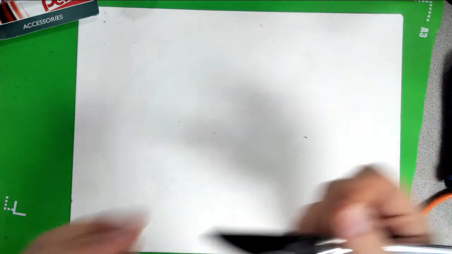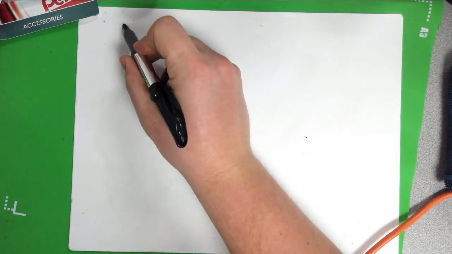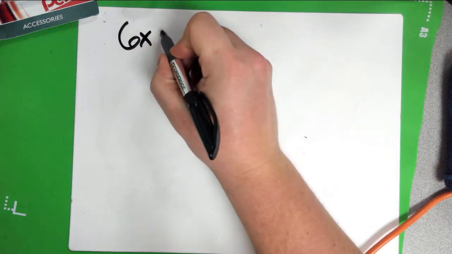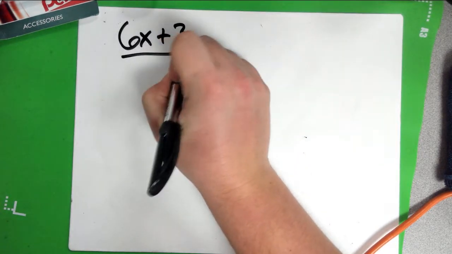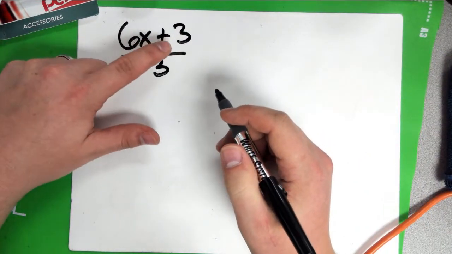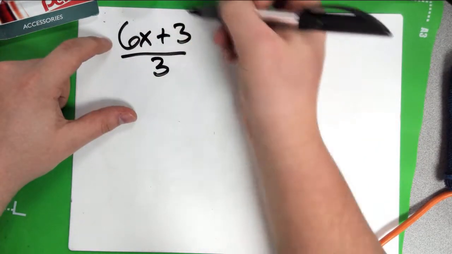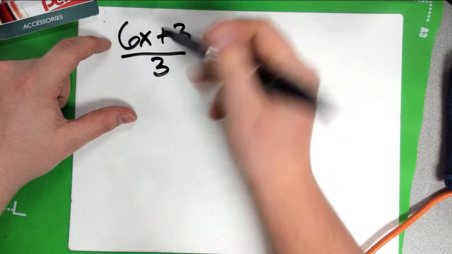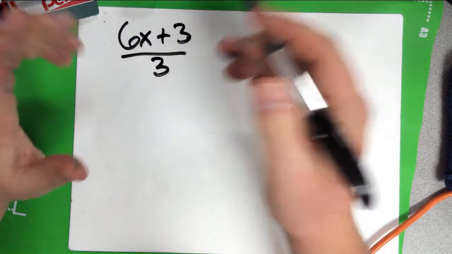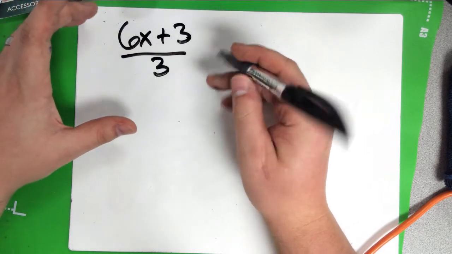Now before we get into our formal notes in our notebook, let's do one more example. This time, let's do a binomial divided by a monomial. So this time we've got 6x plus 3 divided by 3. So 6x plus 3, what we're looking for here is we want to find what's the GCF, what's the greatest common factor, what's the biggest number that they can both be divided by.